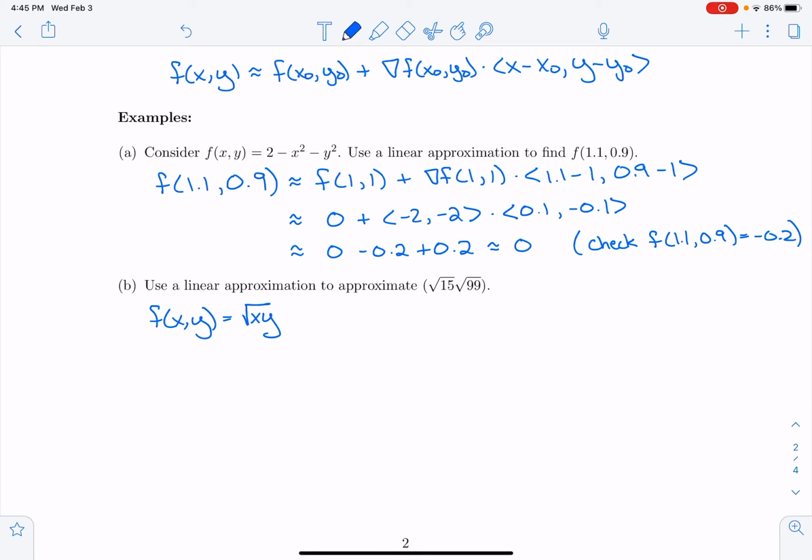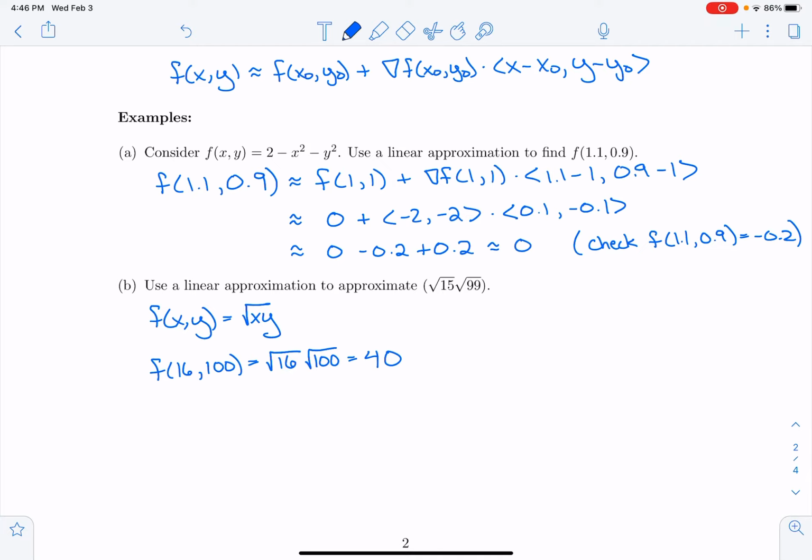So we want to approximate the square root of 15 times the square root of 99 using some square roots that we already know. So maybe we want to look at f of 16, 100, because then we're looking at the square root of 16 times the square root of 100, which is a bit easier to calculate. That's going to equal 40.